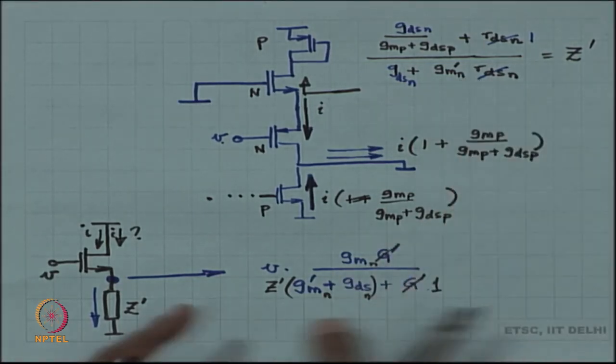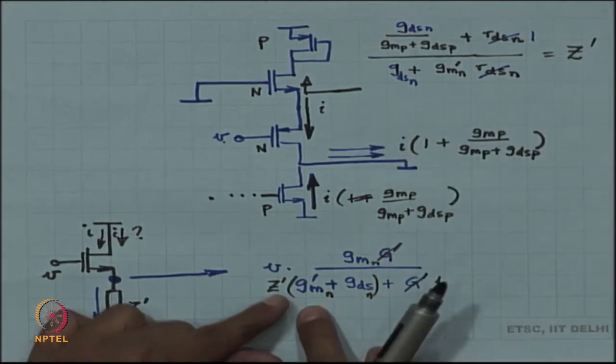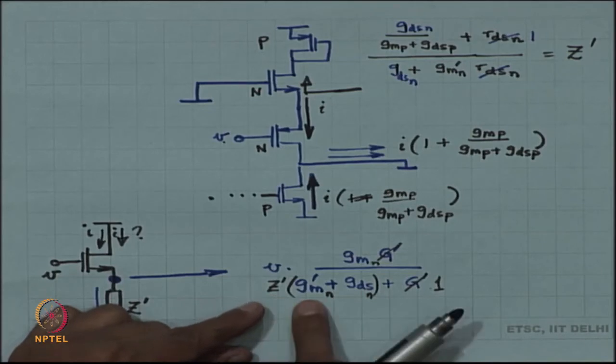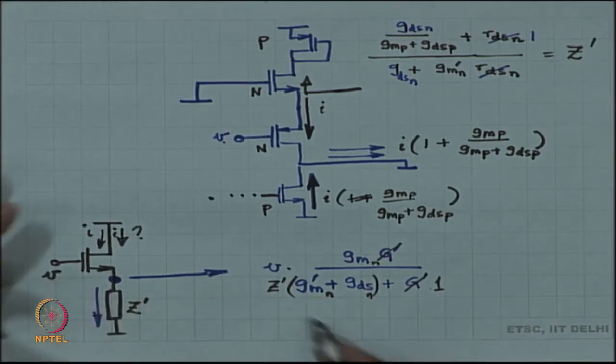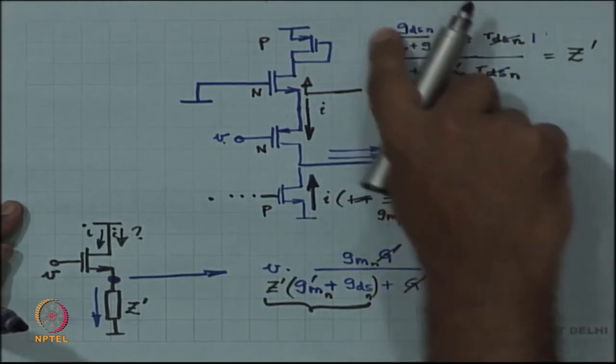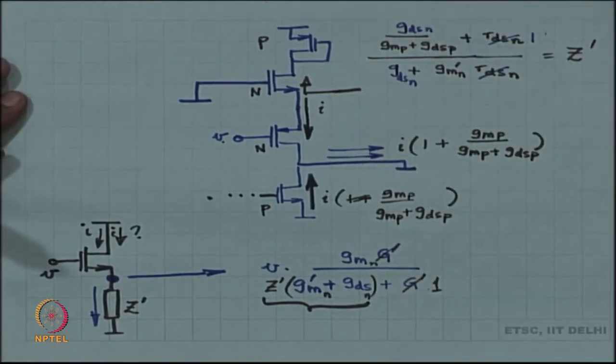Okay. Now, Z prime has a denominator and that is being multiplied by the same denominator. So, Z prime times this factor is nothing but whatever is in the numerator over here.